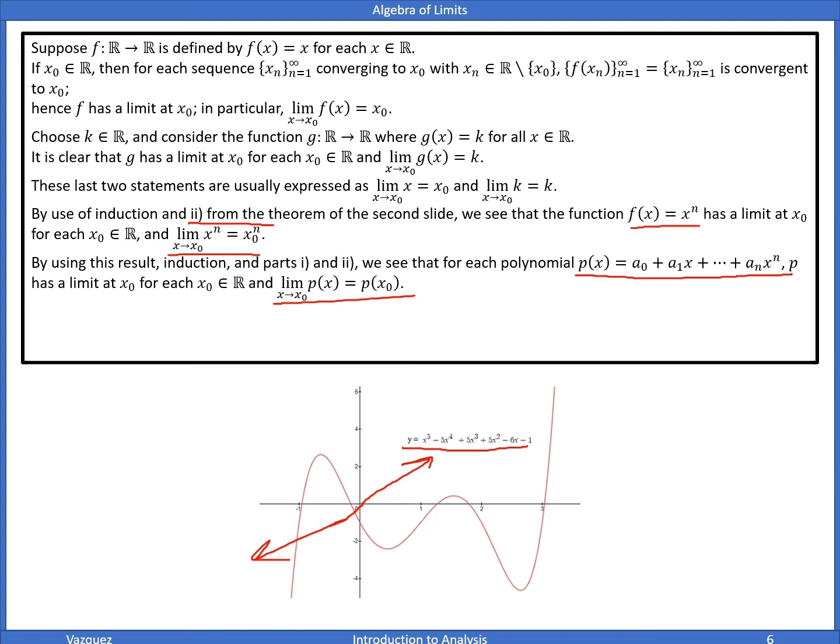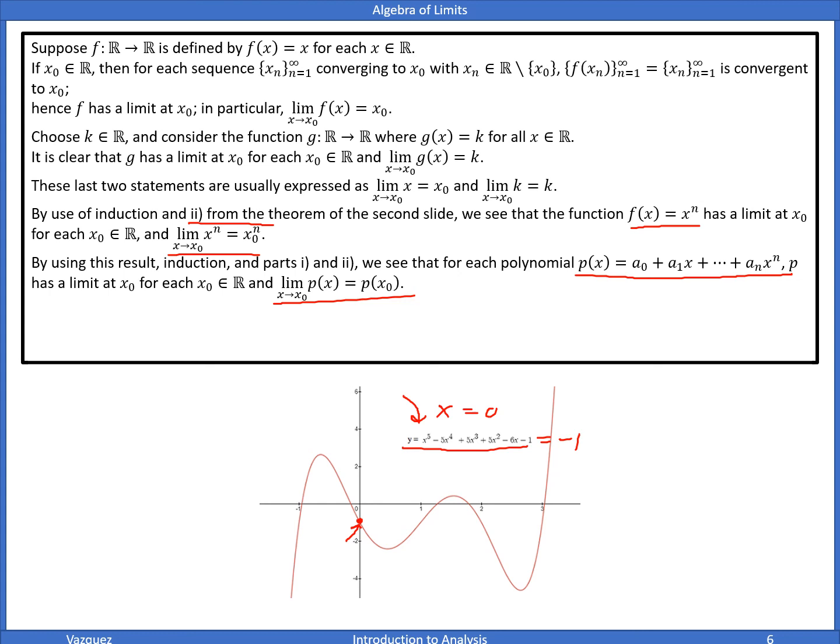So for example, if you look down at the picture, the limit at x0, just plug in 0 to the x's and you'll get your result. It should be -1 when x is 0. That's why it is -1. So this is basically saying polynomials have a limit exactly where you think they do.